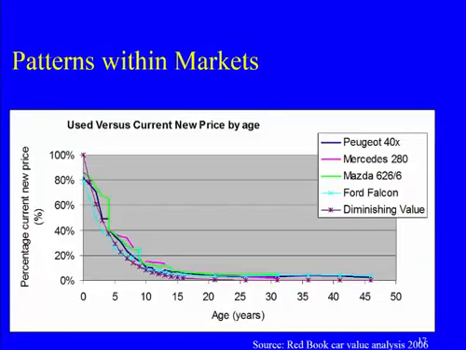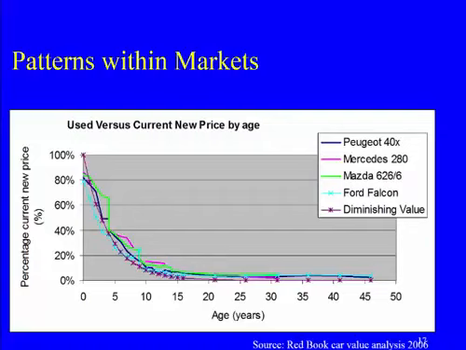On this graph we have plotted the depreciation behavior of a selection of motor cars. We've looked at a medium class Peugeot, a Mercedes, a Mazda 6 and 626 series, and the Ford Falcon.